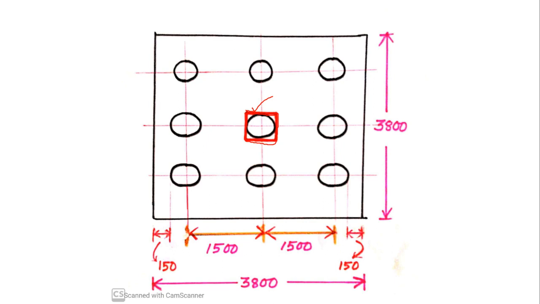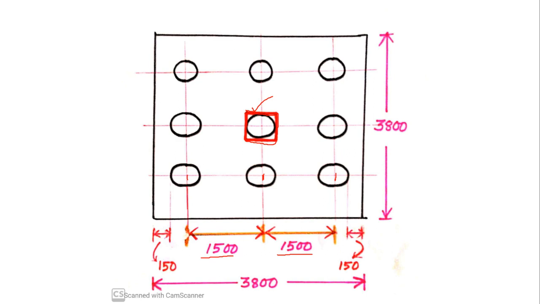Anyway, we have learned that the minimum spacing between two piles is 3 times the diameter. So in this case the diameter of each pile is 500 millimeters, so the minimum spacing between two piles will be 3 into 500, that is, it will be 1500. So from this pile to this pile the distance is 1500. Similarly from this pile to the other pile it will be 1500.